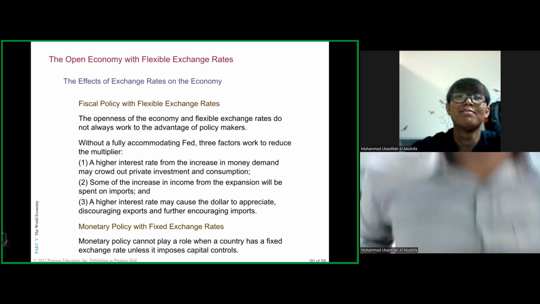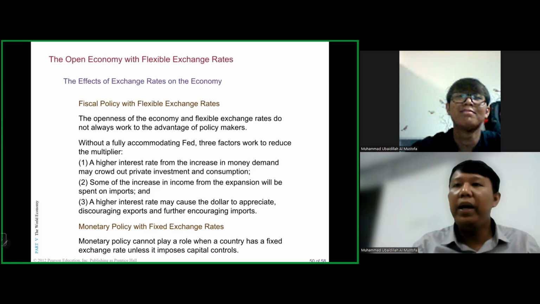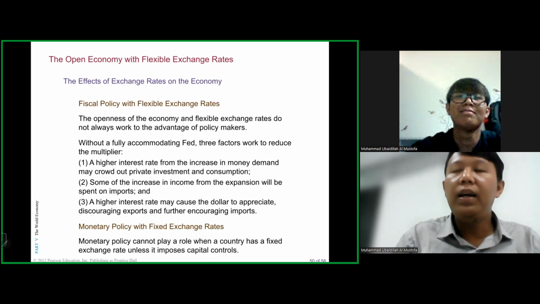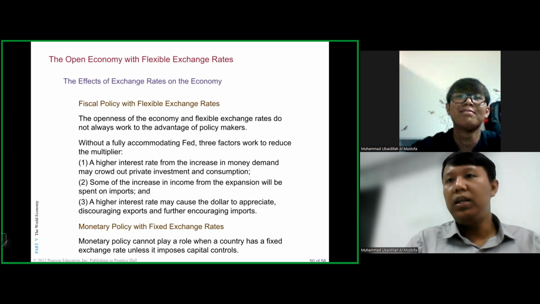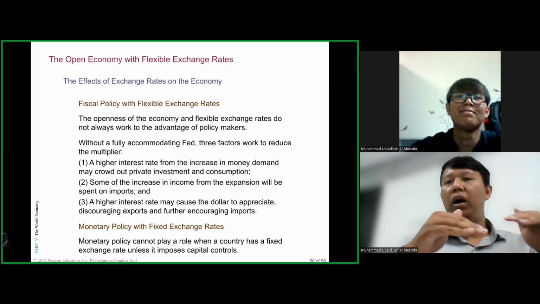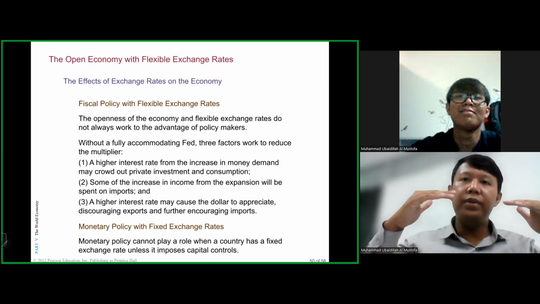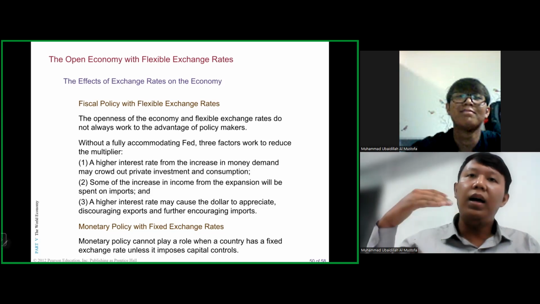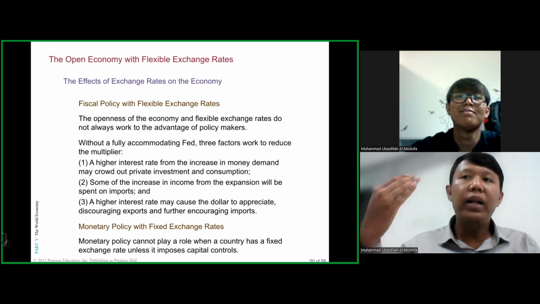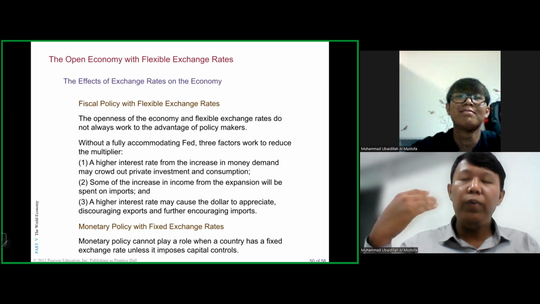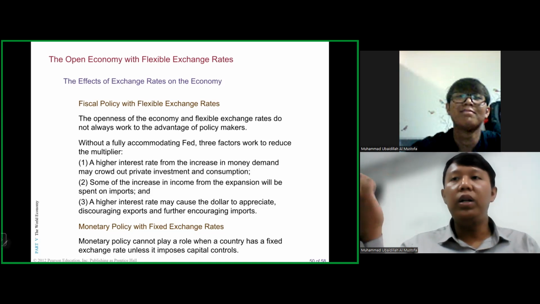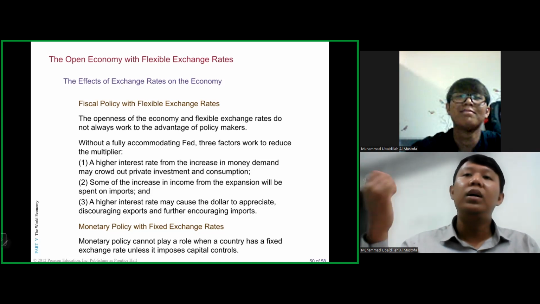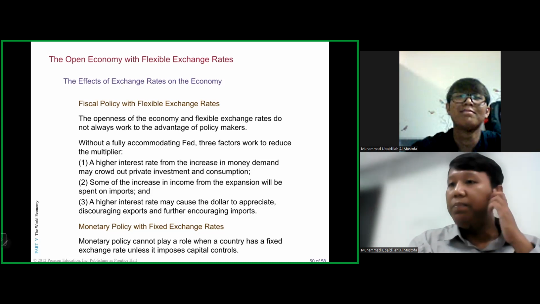Appreciation in our local currency will make our export become more expensive, so it will discourage the export and it will encourage import, because once we have a stronger currency, we will see that our local goods are more expensive compared to the foreign goods. The foreign goods become cheaper, and this will encourage imports.